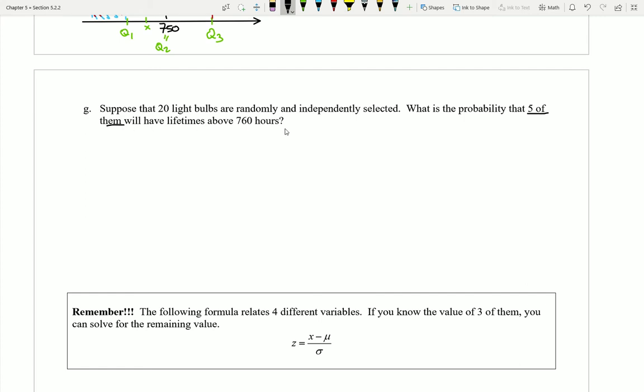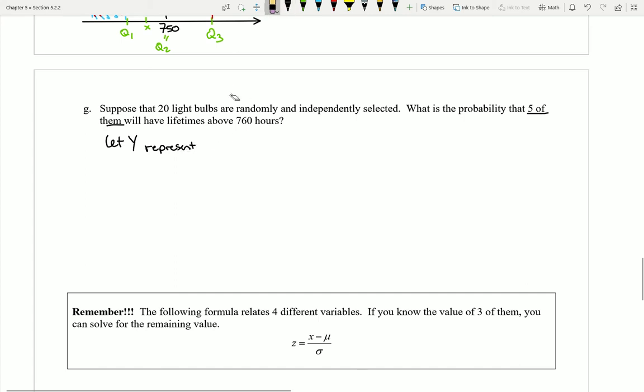That is, I want some number of items out of a total number of items to meet a particular property. Well, notice that's kind of strange because that's not even a continuous variable. Take a look. I actually have a brand new variable here. Let's call it y.